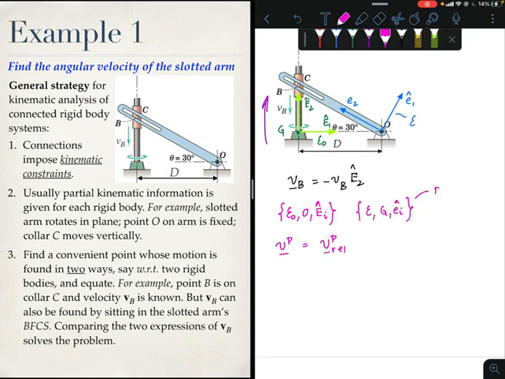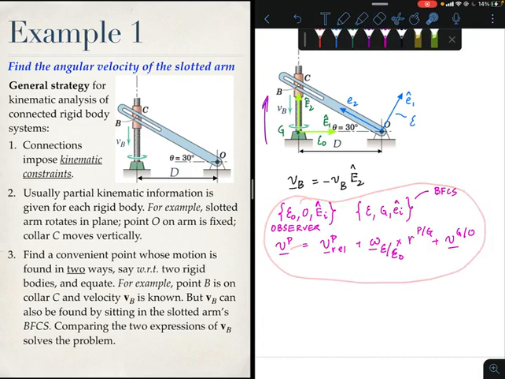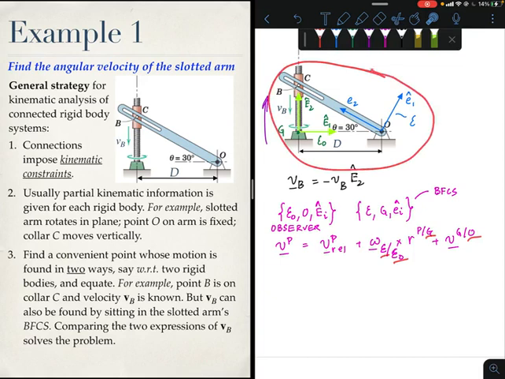So this was the BFCS and this was the observer frame, plus the angular velocity of E with respect to E0 cross the location of the point P with respect to the origin of the BFCS, plus the velocity of the origin of the BFCS with respect to the observer. So this is the formula that we intend to use. To use this formula, it will be necessary to identify the various P, E, E0, G, O with the points in this picture. So let's do that.